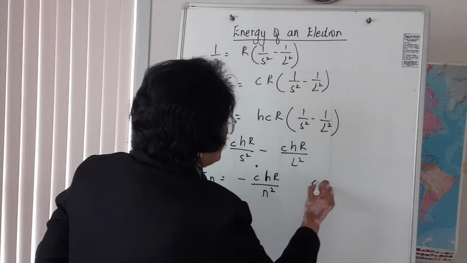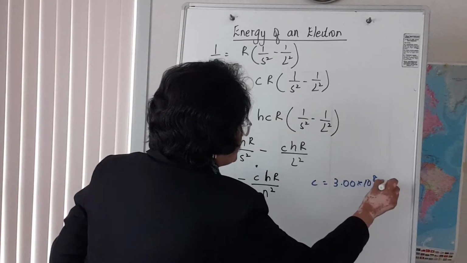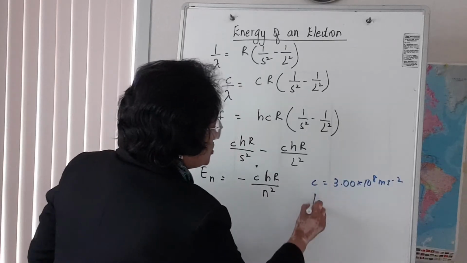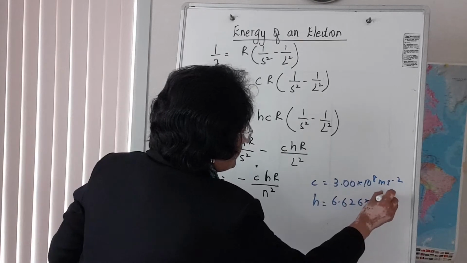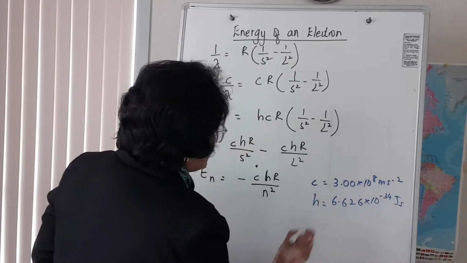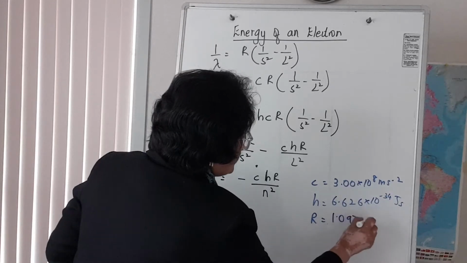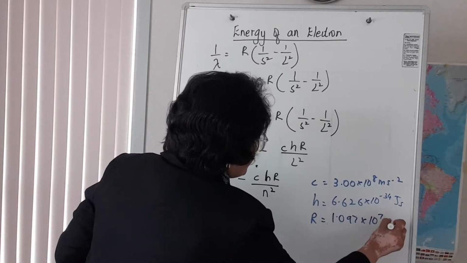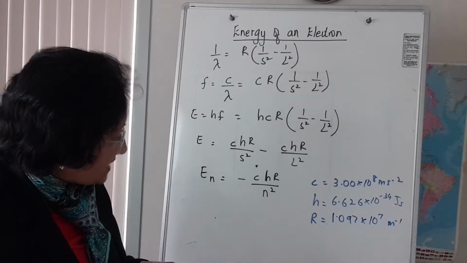So c is the speed of light, 3 times 10 to the power of 8 meters per second. h is what we call Planck's constant, and R is Rydberg's constant. So that's what the c, h and R stand for.